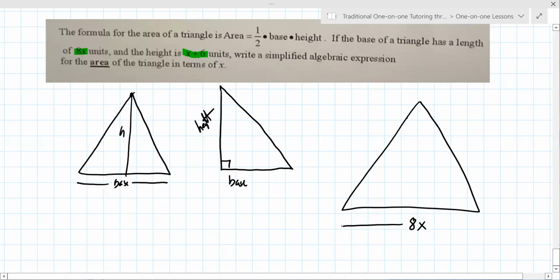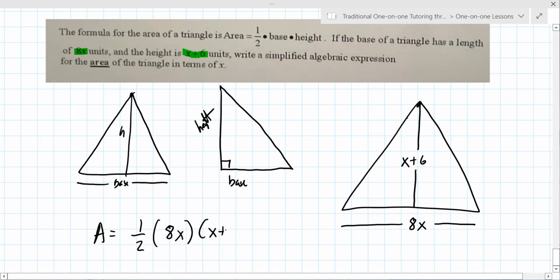So 8x is the distance from here to here. And then the height is x plus 6. That's from this, it's called the vertex, down to the base there. All right. So the area formula is 1/2 the base. The base is 8x, and the height is x plus 6.